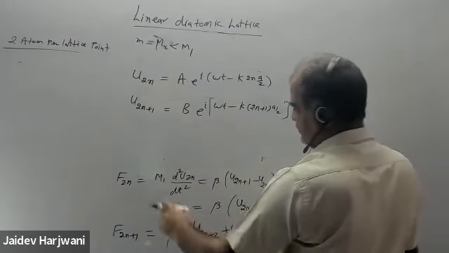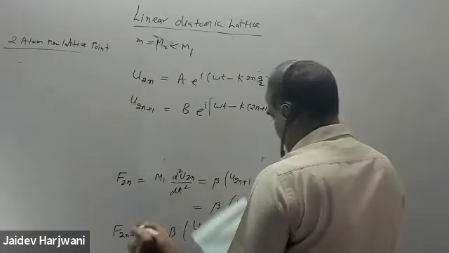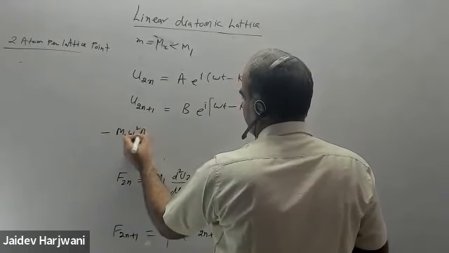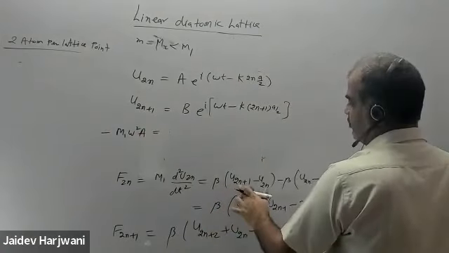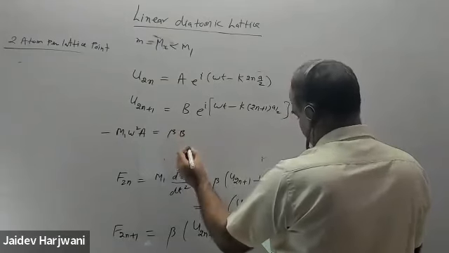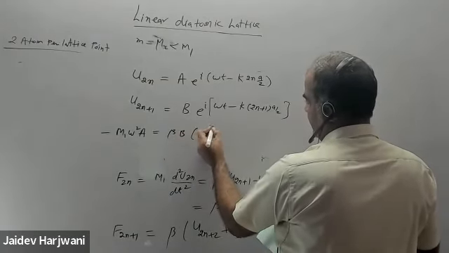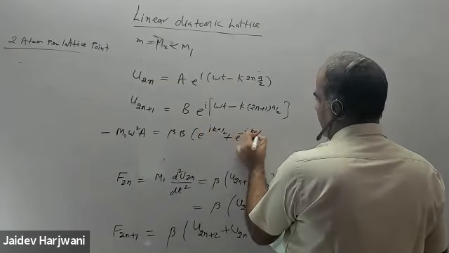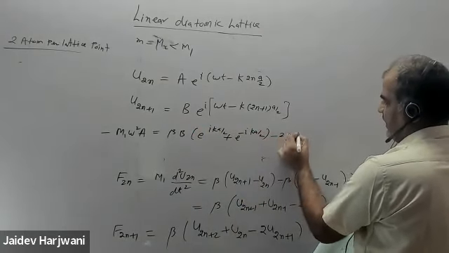This is m d2u2n upon dt squared, so differentiating it gives me m1 omega square A, and then beta u2n plus 1, so this term will come: beta B e to the iota (k a by 2) plus e to the minus iota (k a by 2), minus 2 beta A.